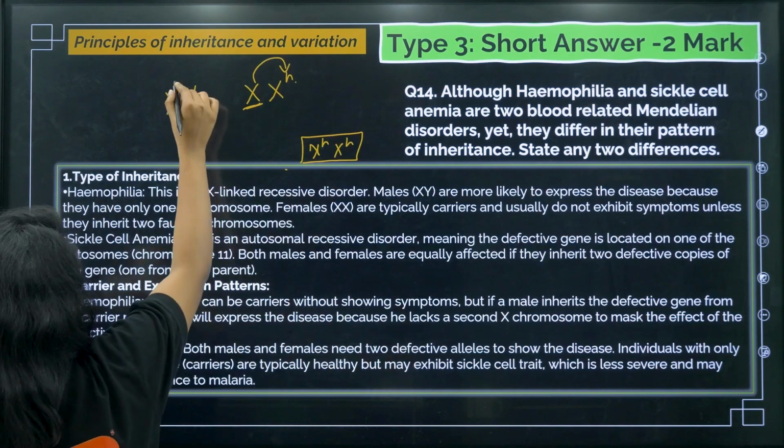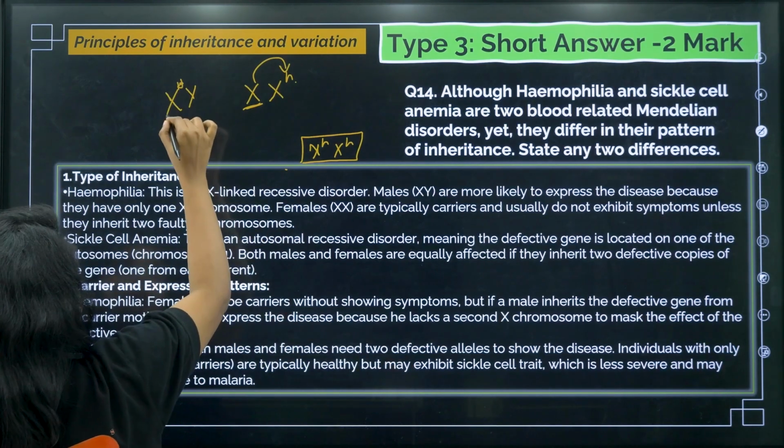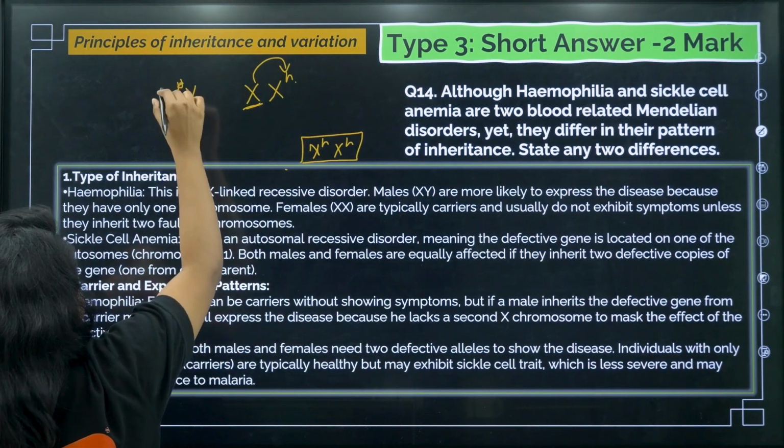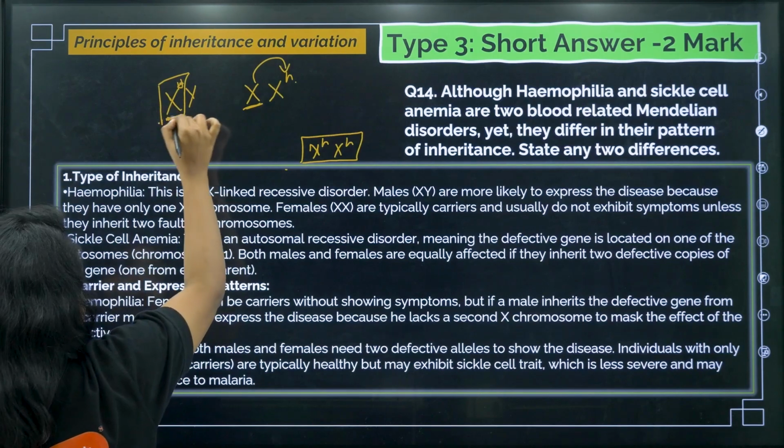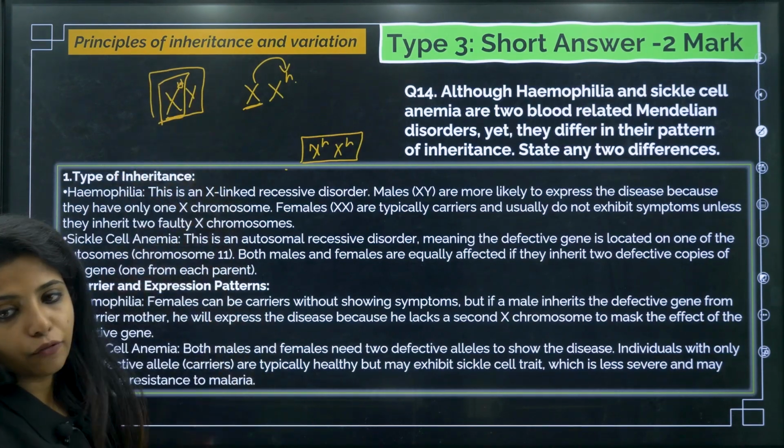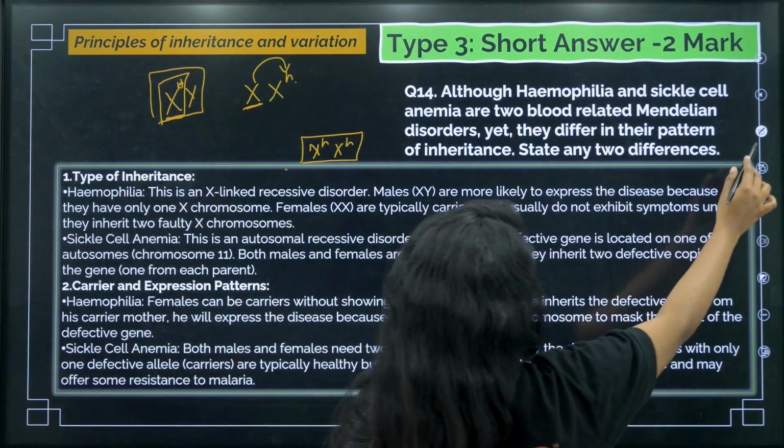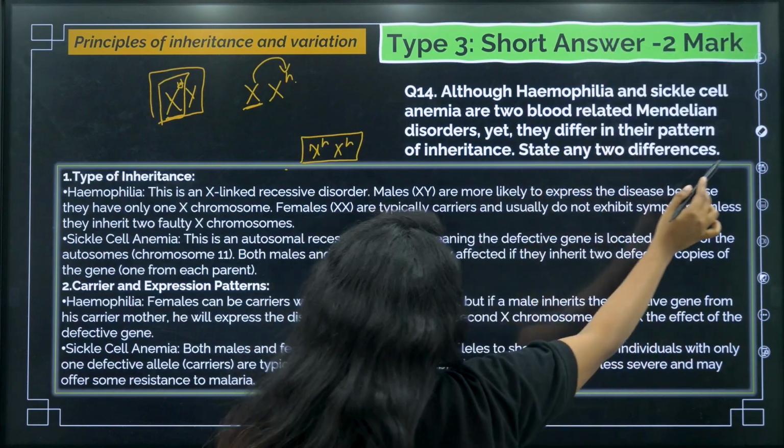Now, in the case of X and Y, if the X is affected, there is only one X, with no one to overshadow the effect, so this will show up. This male will have hemophilia for sure.